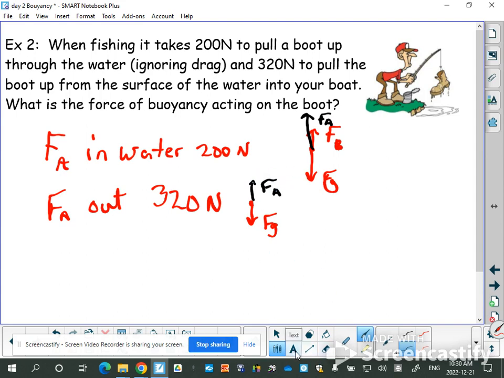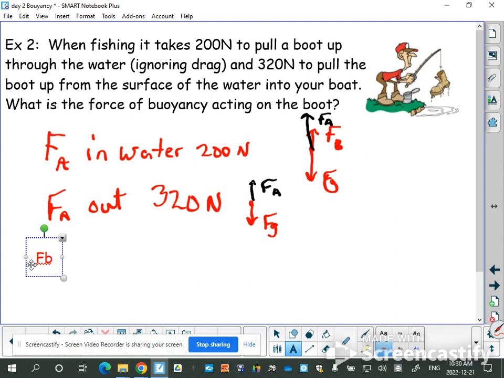Well, that means if I want to find my buoyancy force, it's pretty straightforward. All I really have to do is think about the difference in the forces. So if I'm thinking about those forces, in this case, the buoyancy force is reducing the amount of applied force I need. And in this case, it's showing me the total applied force that I need without a buoyancy force.